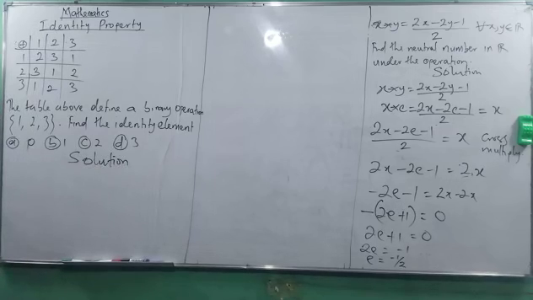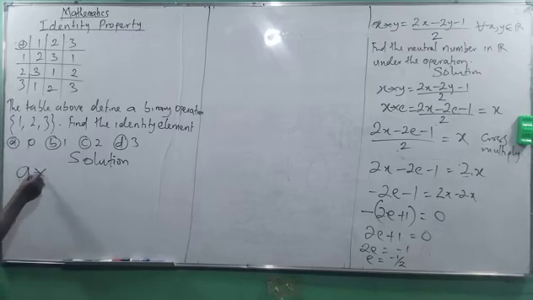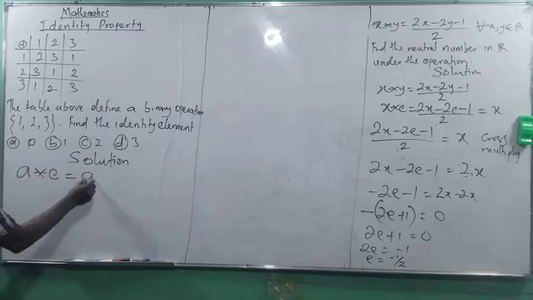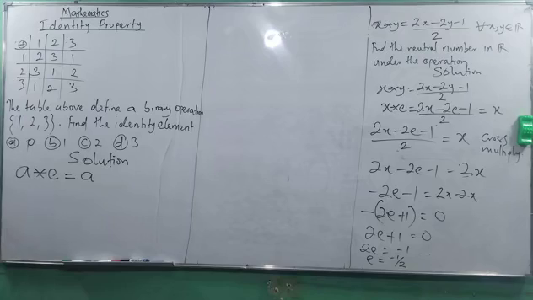Now, the first thing you need to know is that the identity element is always like this: A operate with E will be equal to E. On this table, you look at what you can operate together that will give another one.